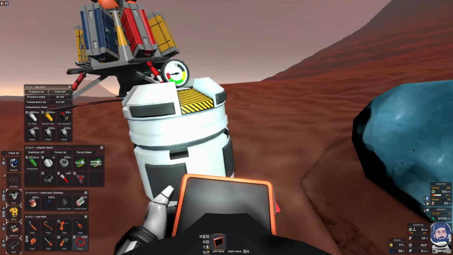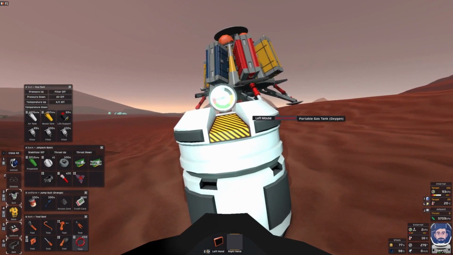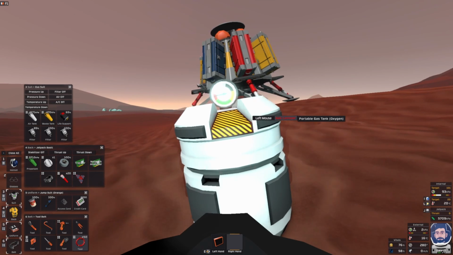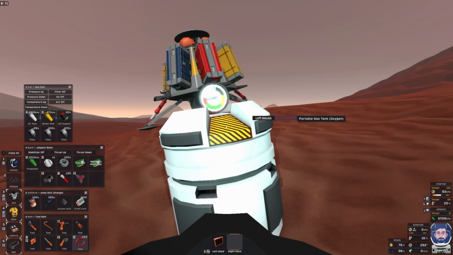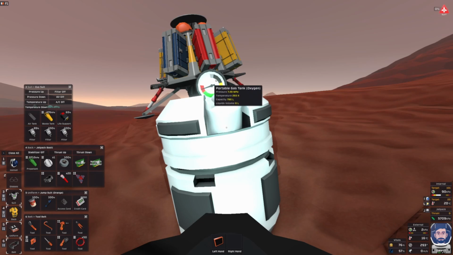This portable tank can be used to refill your canister. The lined yellow and black port allows you to insert a canister, and the canister's contents and that of the tank will equalize. If I grab my air tank and insert it in this port, the pressure in the tank will go down and the pressure in the canister will go up to equalize.